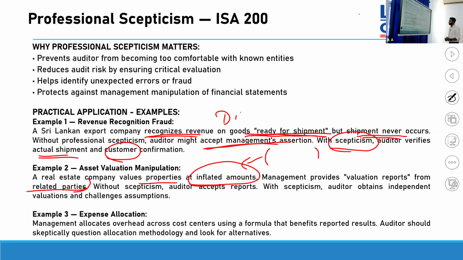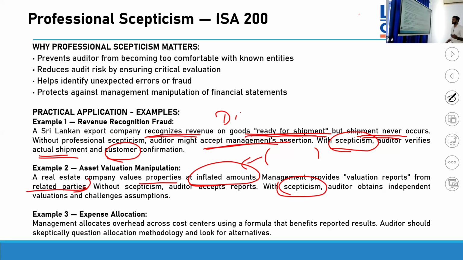So we must use our professional skepticism. If they provide a valuation report, we must question who valued this. Then we must evaluate the independence of the valuator. Is that an employee of the company, a related party of this client, or any key management person of this client? We must evaluate such things using our questioning mind.